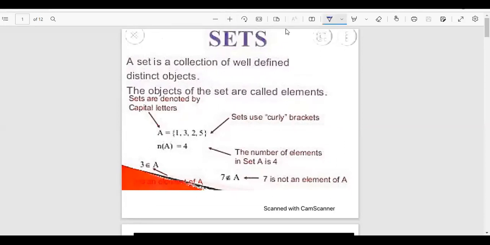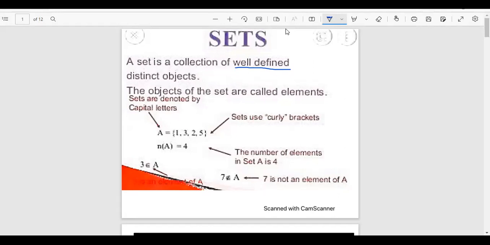Okay. Now, let's talk about the definition of sets. A set is a collection of well-defined, distinct objects. So basically, we would be talking about a few sets which would be well-defined. Whatever elements we would be having in that set would be through a definition and would be distinct.